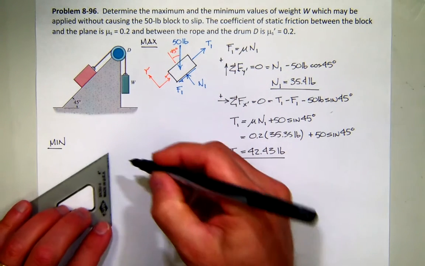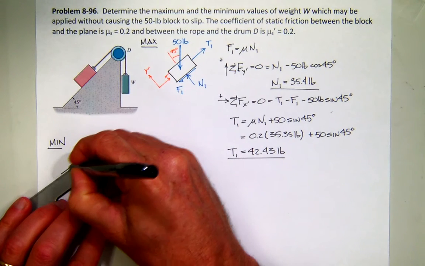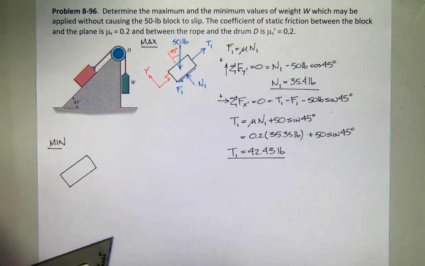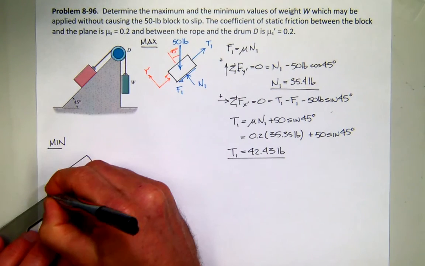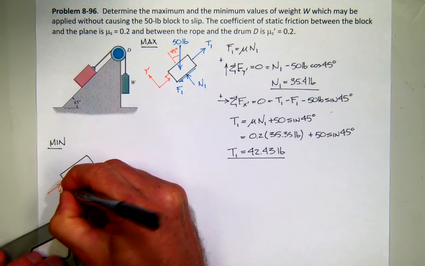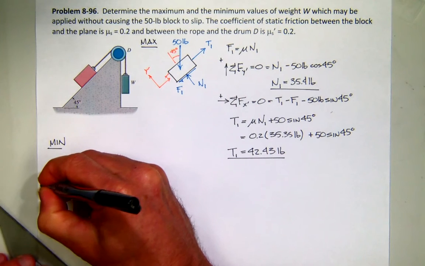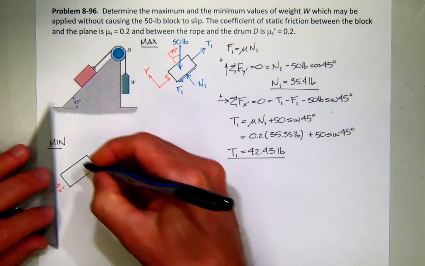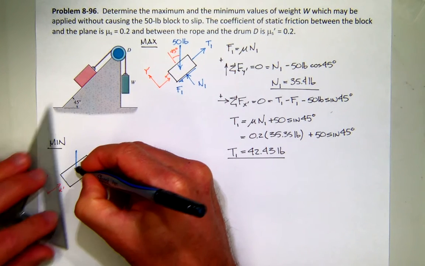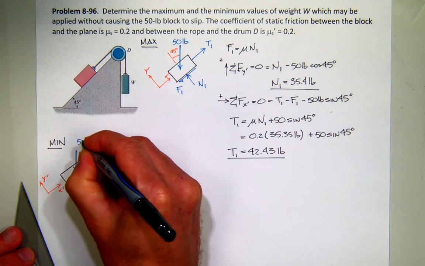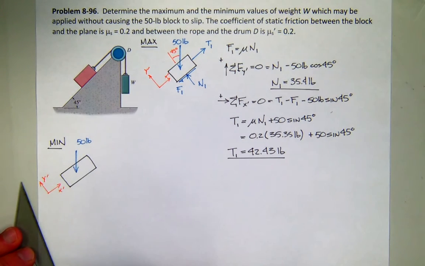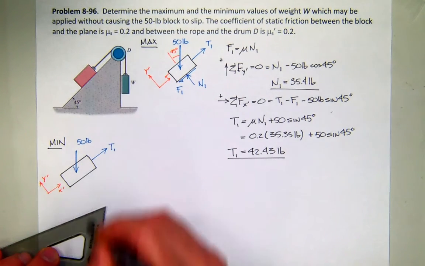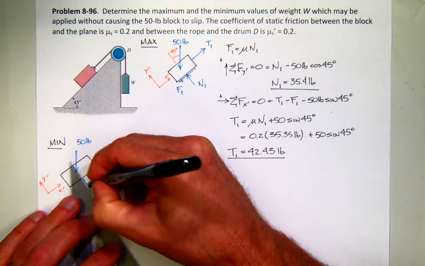So what changes? My block is the same. Since it worked so well before, I'm going to do the same thing with x prime and y prime. My weight's going to be the same. The tension force is still the same. Normal force is still the same.